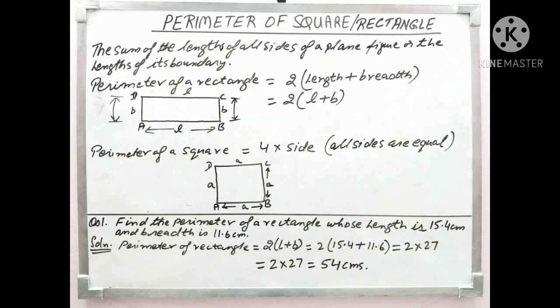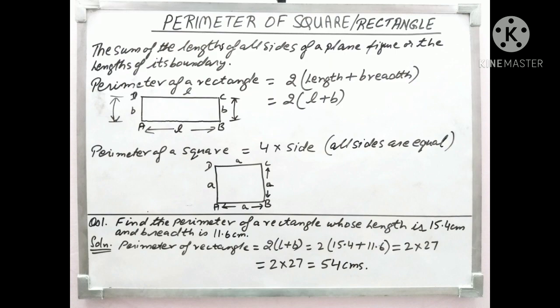So L plus B plus L plus B. That means 2 times L plus 2 times B. So we will write, perimeter of a rectangle is equal to twice (L plus B). So this becomes a simple formula to find the perimeter of a rectangle whose length and breadth are given. On the same lines, we can also say perimeter of a square is equal to 4 into side.